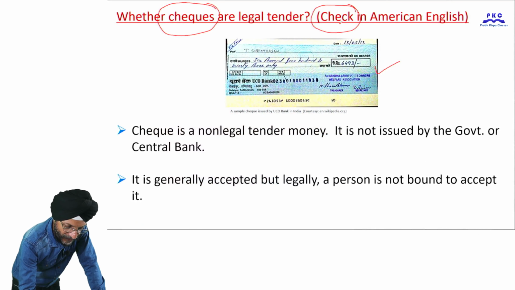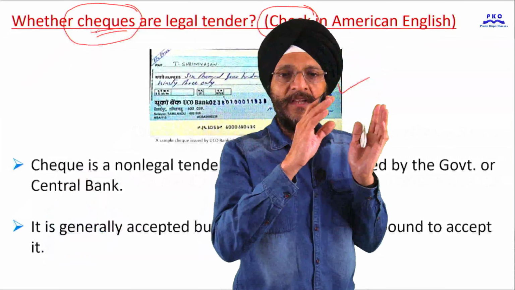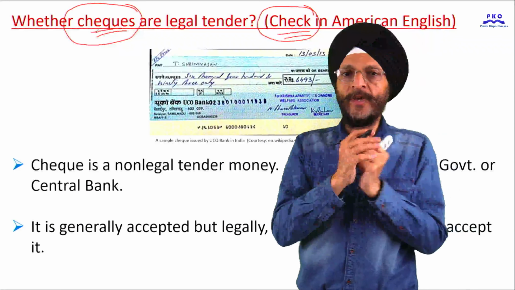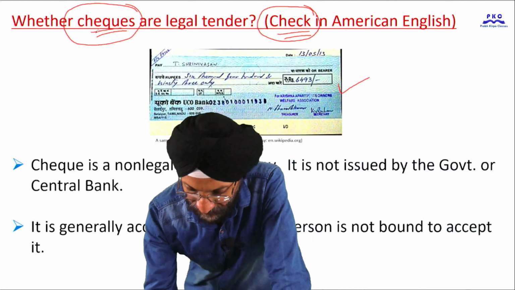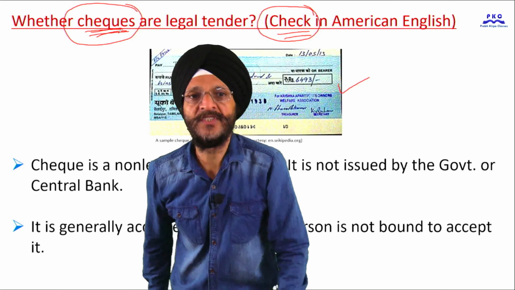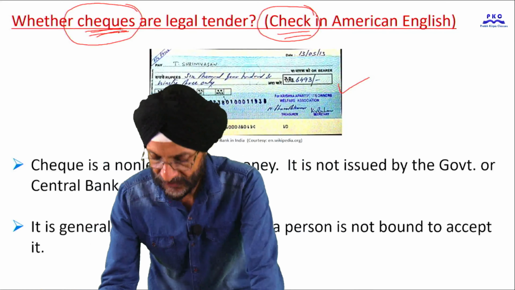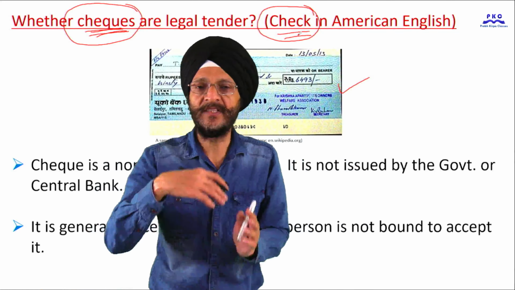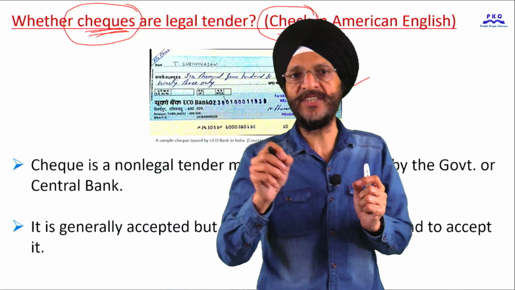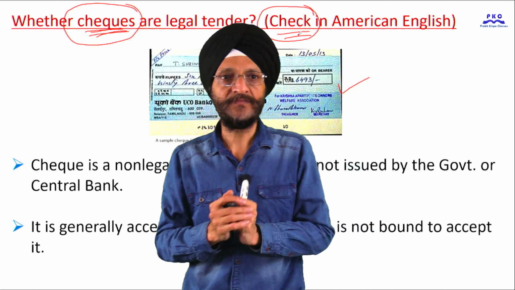In American English, the word is check, and in Indian or UK English, the relevant word is written in this form, CHEQUES, and if we use American English, the spelling will be CHECKS. Meaning is same, purpose is same.